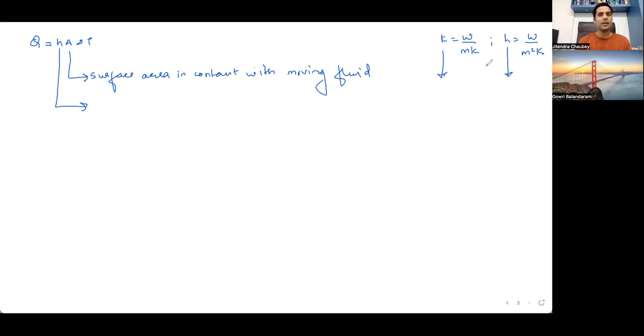You might mix up these terminologies sometimes. What will actually help you is the unit. For k, the meter will not have a power. For h, the meter will have the power of 2. Sometimes they will simply give you a coefficient, and you'll have to understand yourself whether they have given the value of k or h.